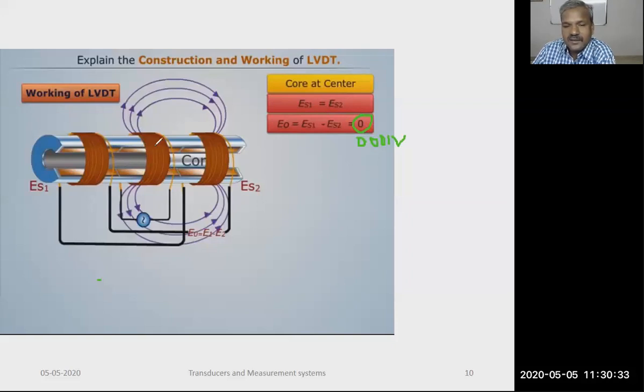That EMF is the theoretical case; practically, we will get some small amount of residual voltage in the circuit. Clear?